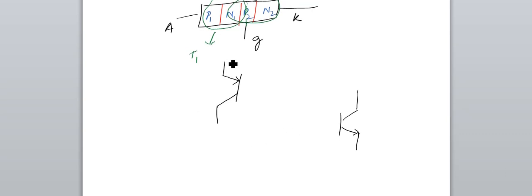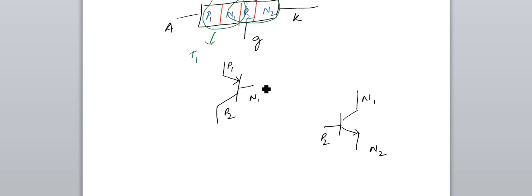Now talking about here, this is your P1, this is your base, this is your N1, and this is your P2. Similarly, this is your N1, this is your P2, and this is your N2.